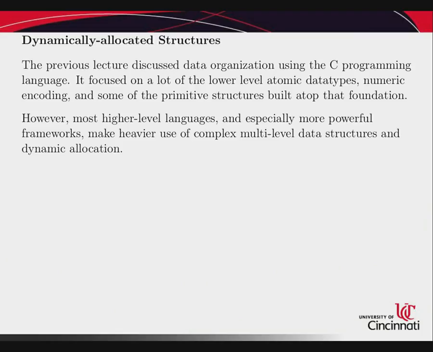The other key thing is that we'll be dealing with a lot of dynamically allocated structures. At the end of last class, we looked into one very simple data structure that had a handful of elements. I'll reuse that same one as the basis for the structures we're putting together today.